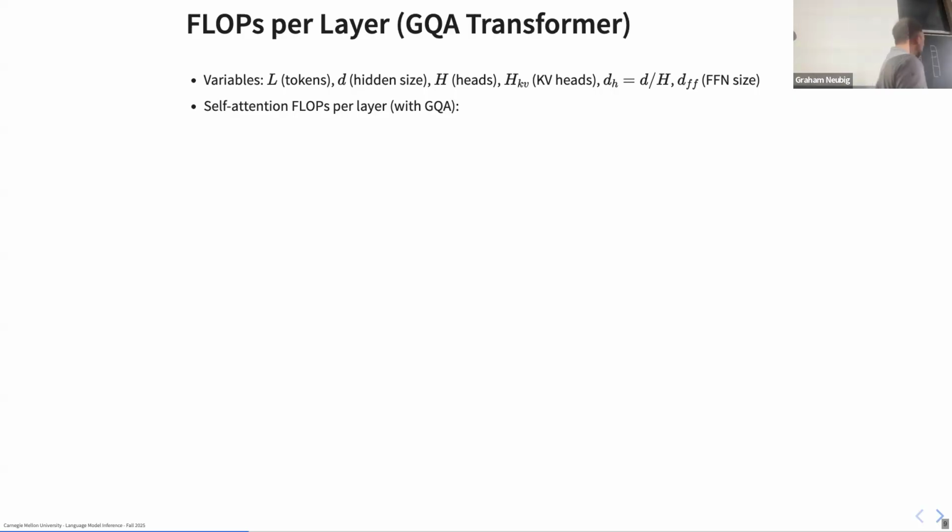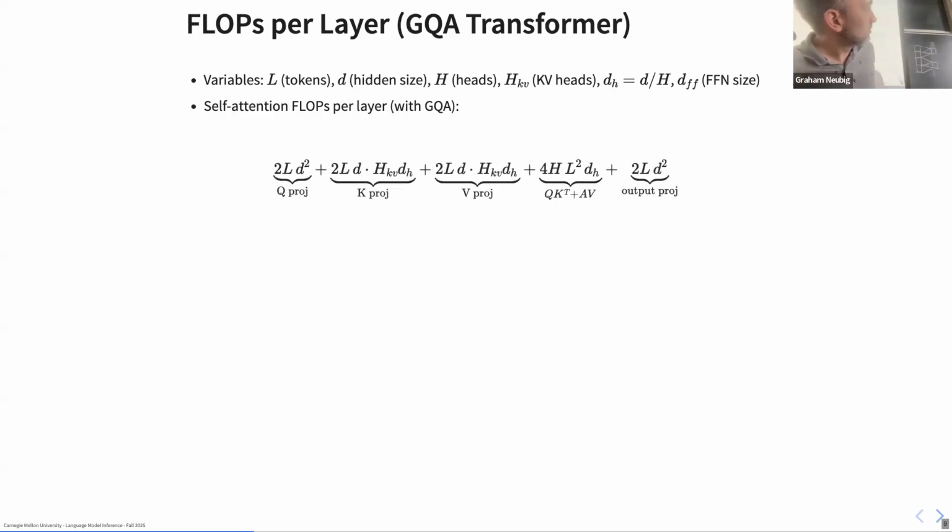In grouped query attention, you essentially create groups of the key vectors and value vectors, and you attend like this to save memory.